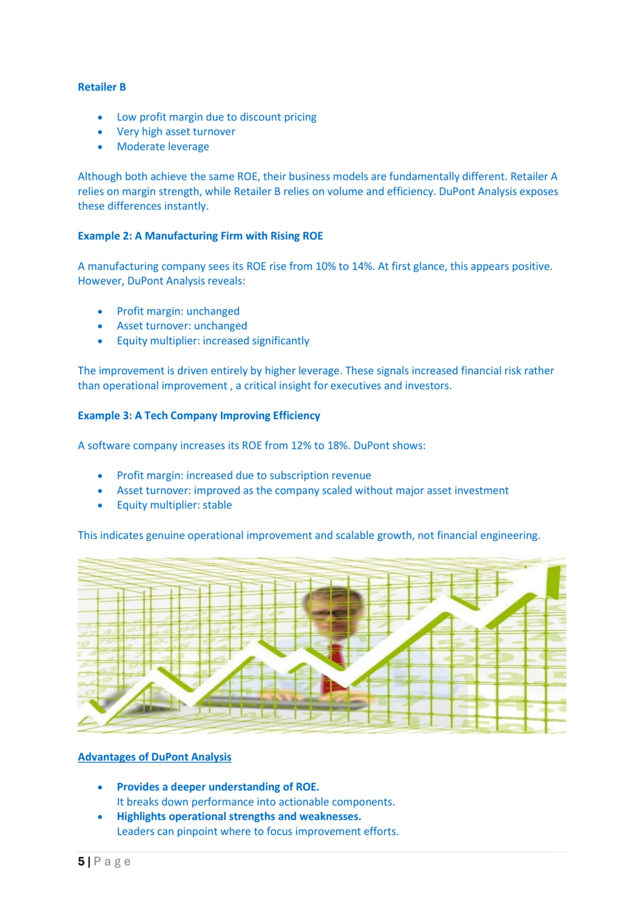In contrast, a tech company improved its ROE from 12% to 18% through genuine operational gains. They increased their profit margin thanks to subscription revenues, improved asset turnover as they scaled without heavy asset investments, and kept their equity multiplier stable. This indicates scalable growth rooted in operational efficiency, not financial engineering.